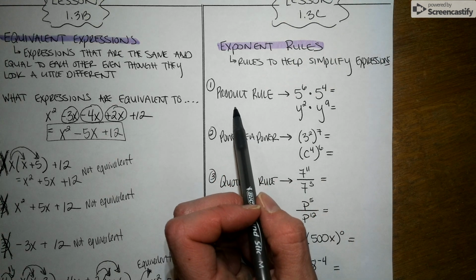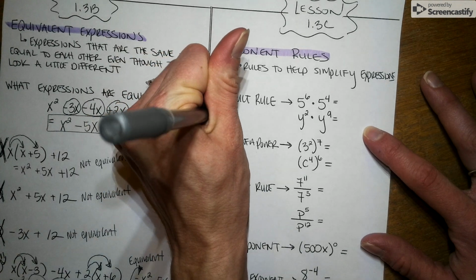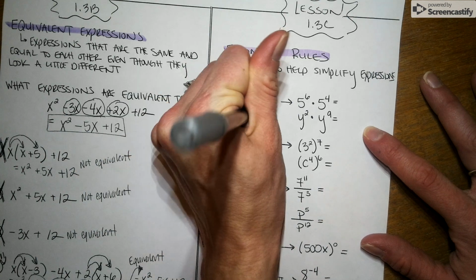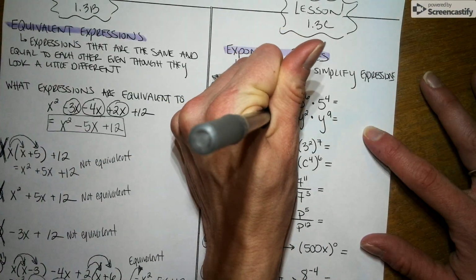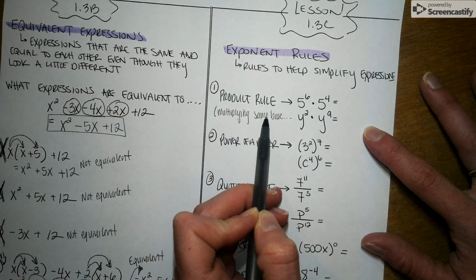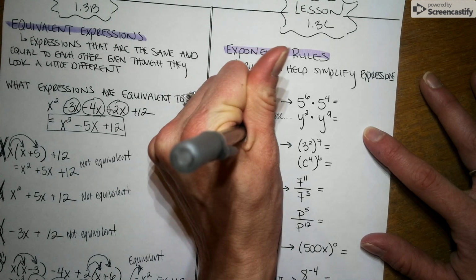So anytime that you have the same base, so underneath here, I'm going to write: multiplying same base, dot, dot, dot. So anytime you notice you're multiplying the same base, you need to add your exponents.